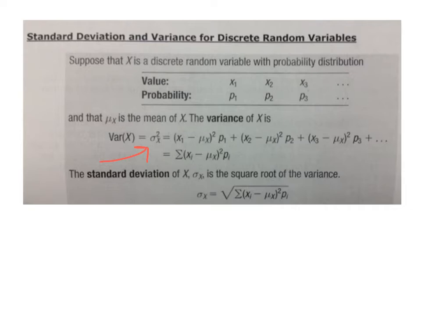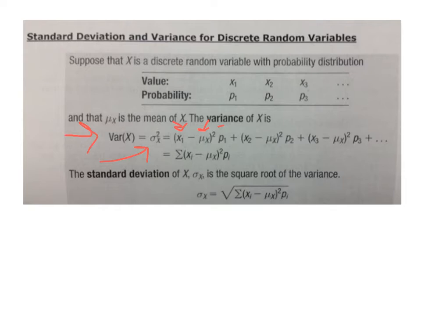When I find variance for a random variable, same as we did in the earlier chapters, I take my value minus the mean, square it, but this time I multiply it by its probability.